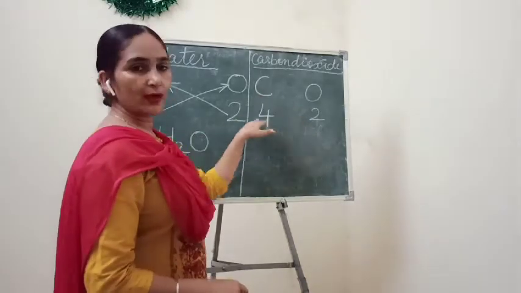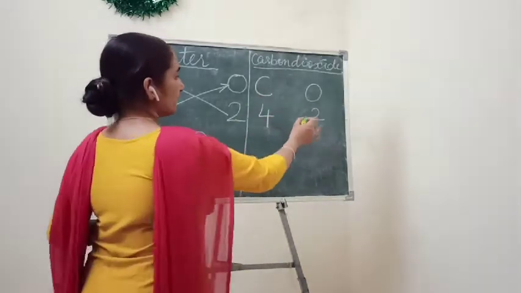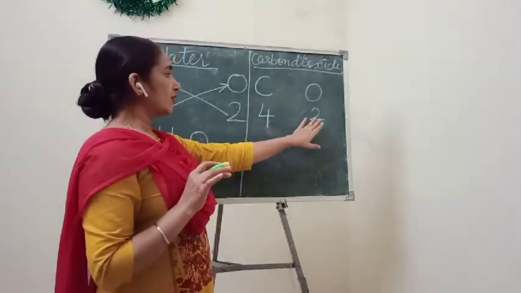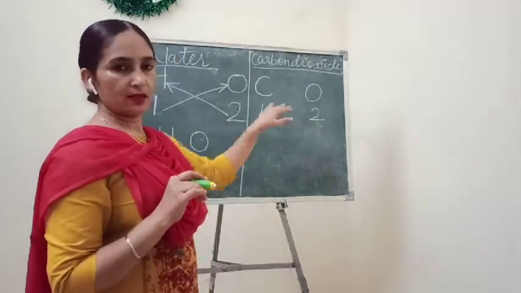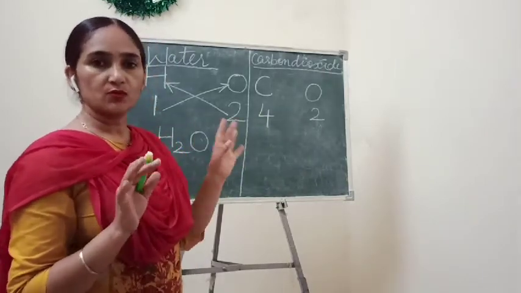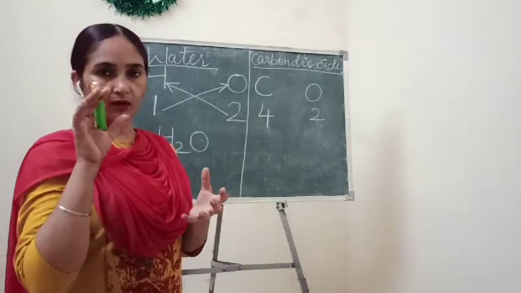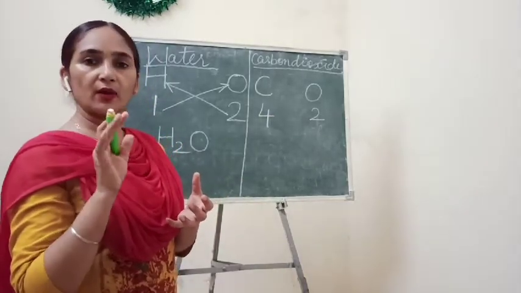So here you can see, before crossing over, first we simplify both these valencies or numbers. You see that 2 and 4 come in the table of 2.